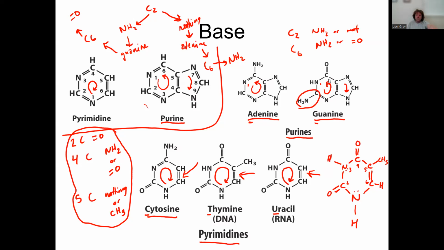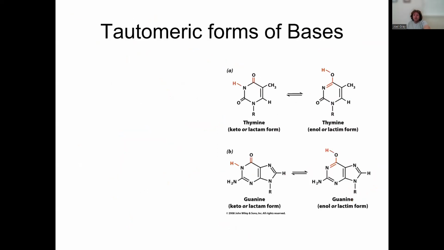So that captures the key parts of these structures in identifying these different molecules. Now, as we proceed, it's important to know that the keto forms of these bases are predominant forms. As you can see here, this is the keto versus the enol form. So this is what's known as a keto-enol tautomerization.